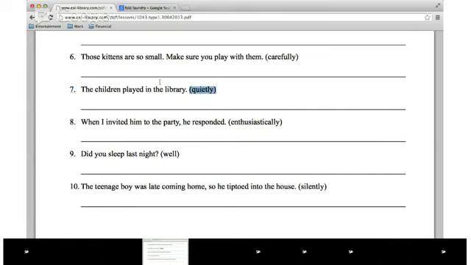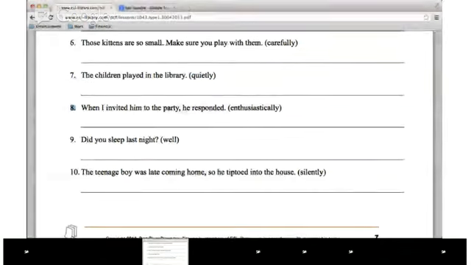So quietly can actually go behind played, in front of played, and at the end. So after library. That's one of those words that we can put anywhere. All right. Number 8.